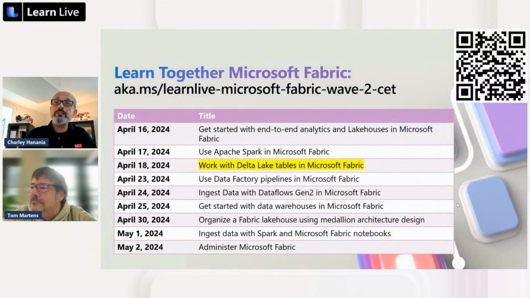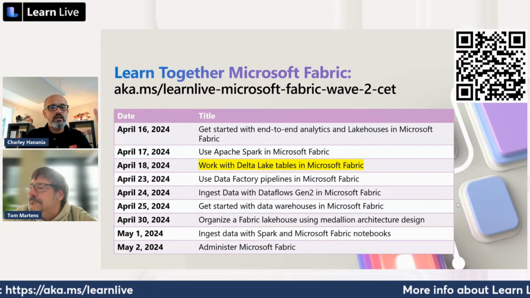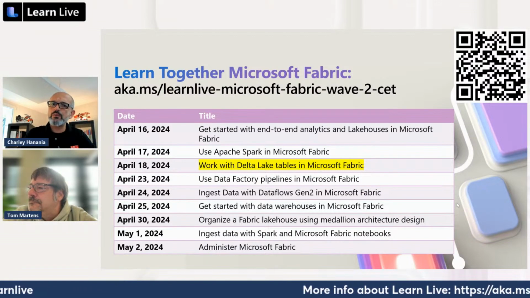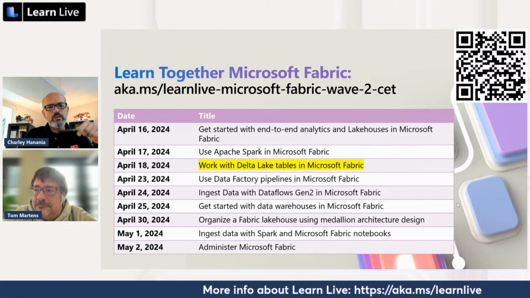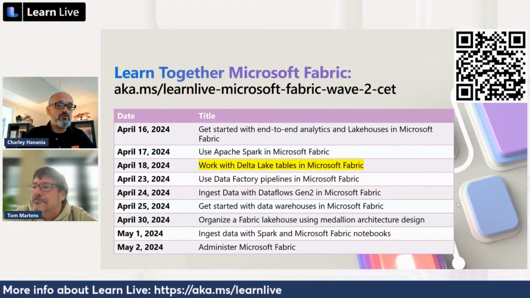So hopefully you've had a chance over the past week or so to see all of the other ones, starting from the beginning of this week, actually, for CET, for Europe and India, that you're able to sit through the Learn Live sessions and get an idea of some of these examples and some of the theory behind it as well, so that together with us, and in a way that you're able to replay and dig deeper into some of these technologies, you're able to get through the modules in an easier fashion than just running through it on your own.